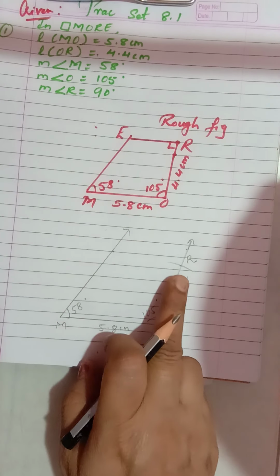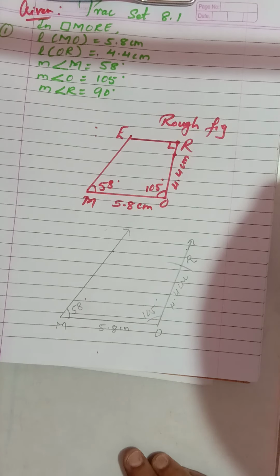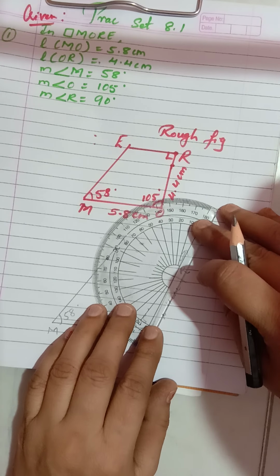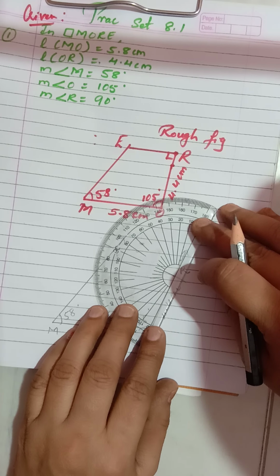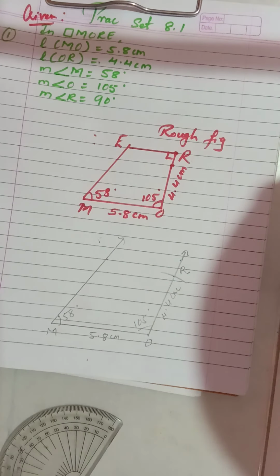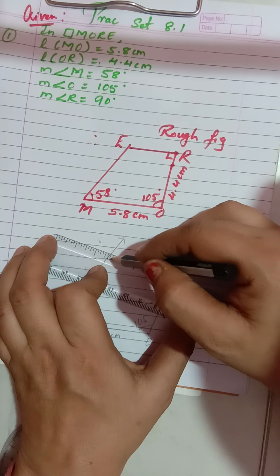Now see children, angle R is 90 degree. That means you have to keep your protractor over here, and angle R will be a straight angle, that is your 90 degree, fully straight.